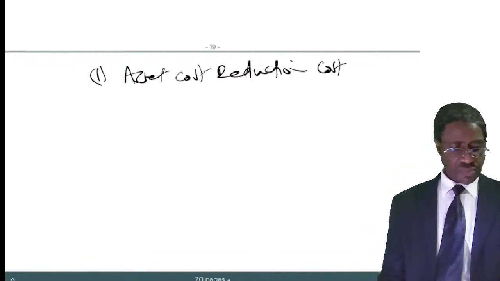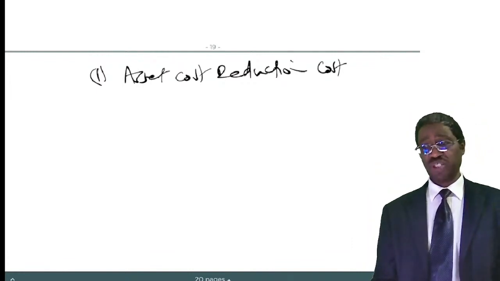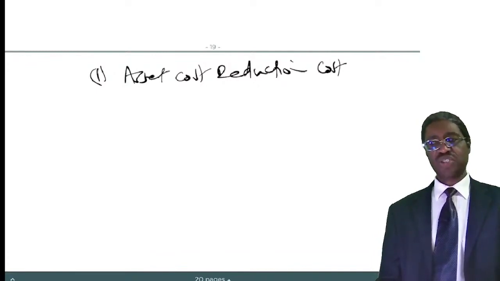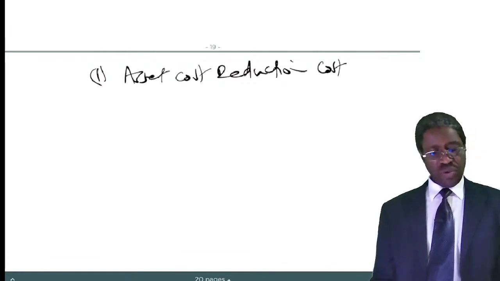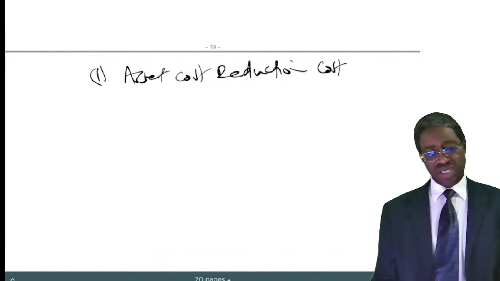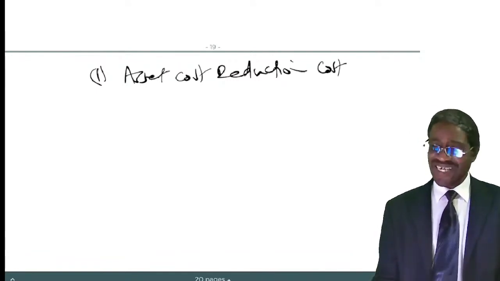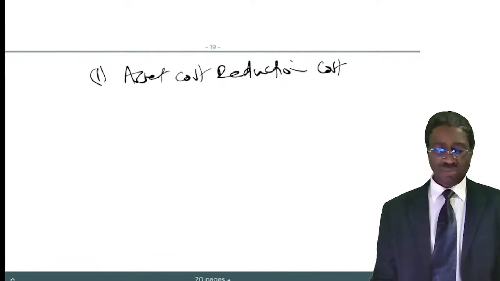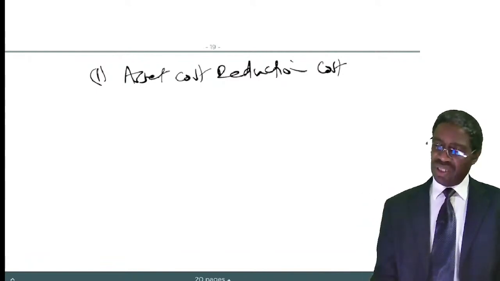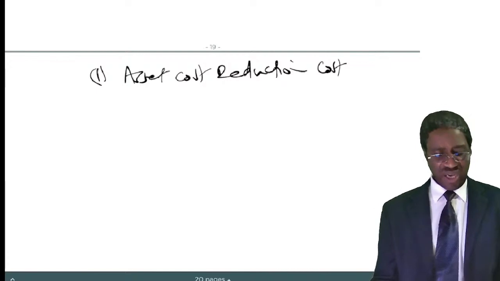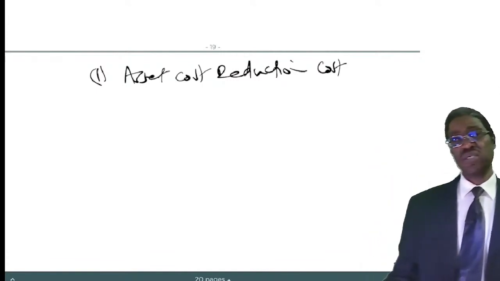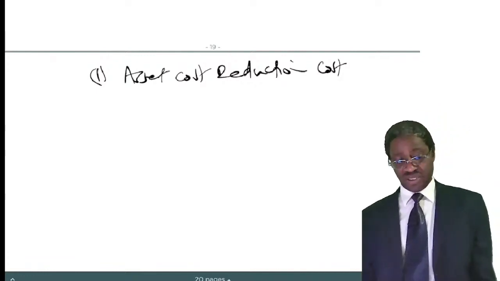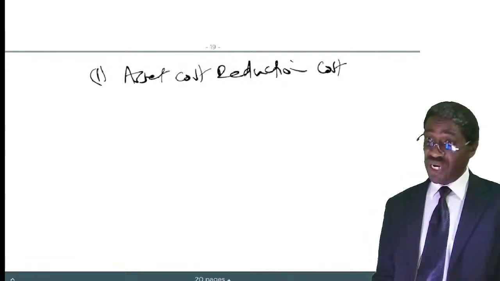Then you put a dash: where the grant is deducted from the cost of the asset in arriving at the carrying value of the asset.